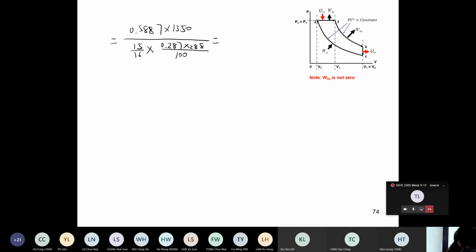Who can tell me? What's the result? 1,000.1027. Good. So solved.